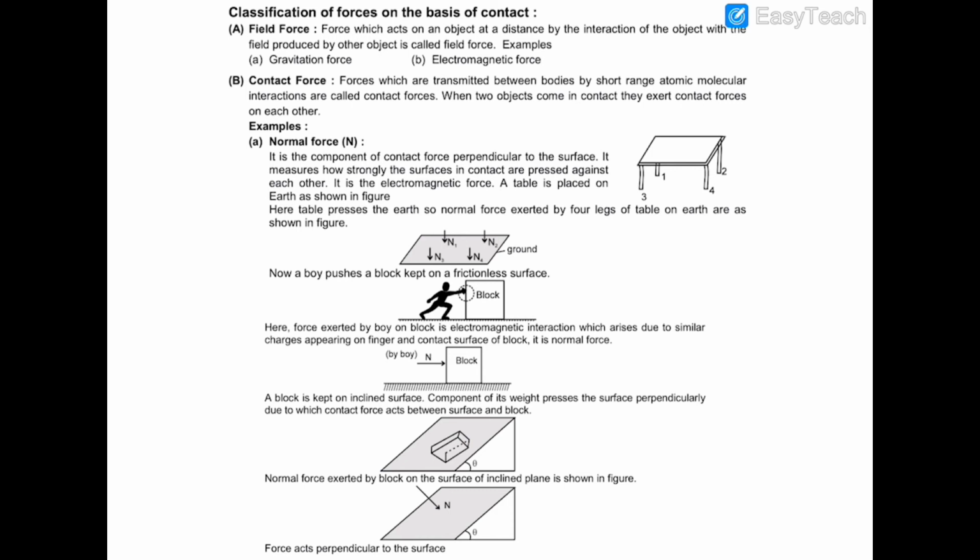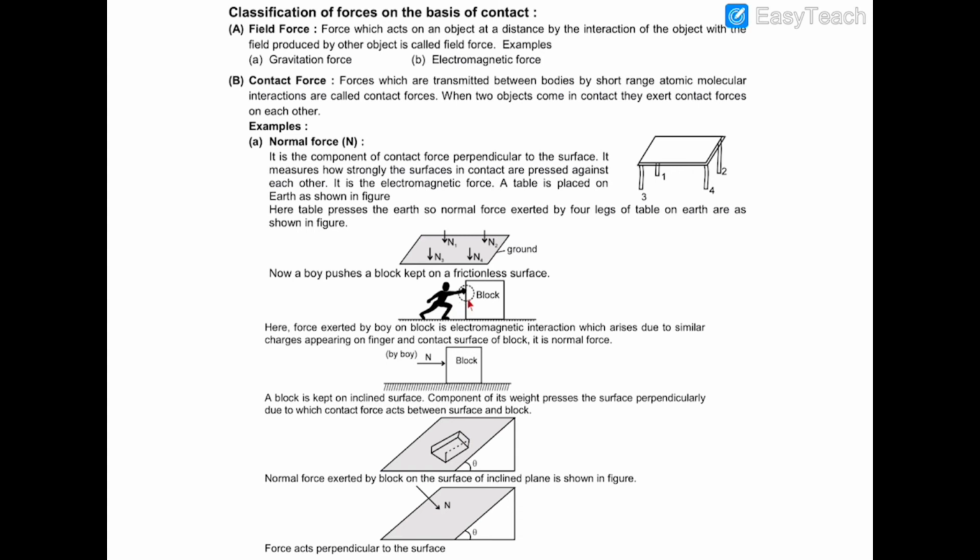And strangely, normal reaction force is also an electromagnetic force, as I've told earlier. You can see that this table is kept on earth, and its 4 legs, 1, 2, 3, 4, are in contact with earth. So earth is applying the normal reaction on these 4 legs only, and these combined are balancing the weight of the table.